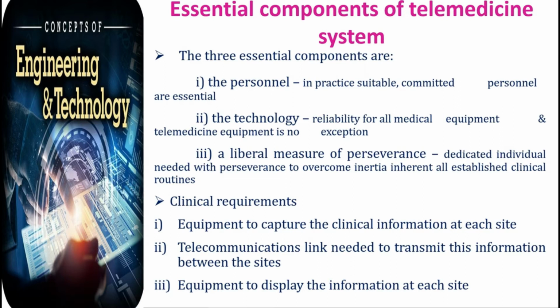Then the next one is the liability measures and the like. The personnel is about how the practice is happening, what kind of practice is suitable, and how the personnel are committed to doing the essential things. When you talk about technology, we have a lot of equipment, and the equipment's reliability is very important.